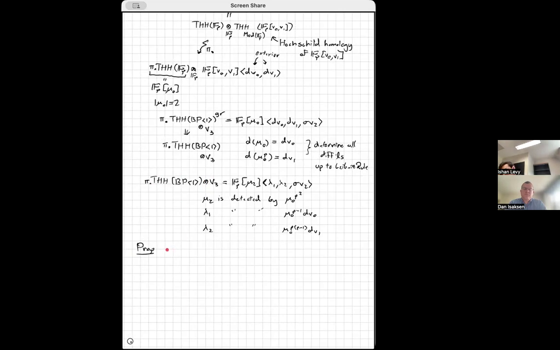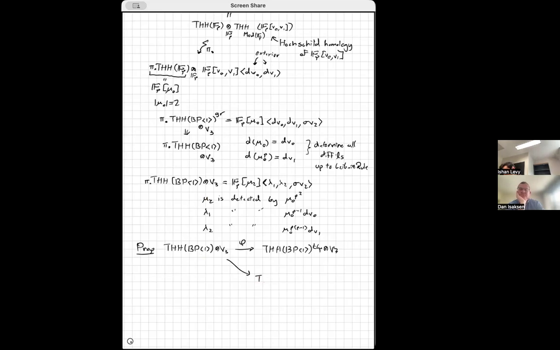Which implies the Segal conjecture, is that you can look at this Frobenius map from THH of BP1 tensor V3 to the Tate construction. And the proposition is that what it does is essentially it just inverts this mu2.